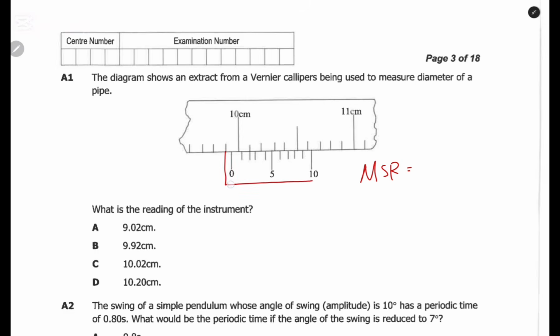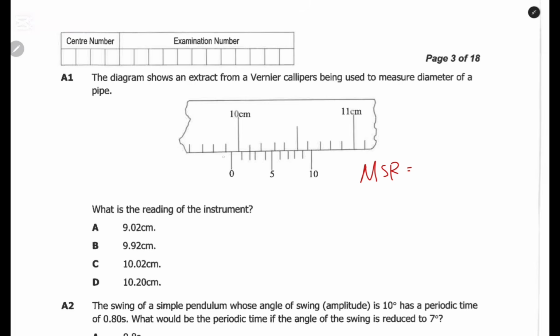This down here is the Vernier scale, and the one on top is the main scale. Starting from this side, you shouldn't cross this line. Immediately before the start of the Vernier scale, you pick the reading for the main scale.